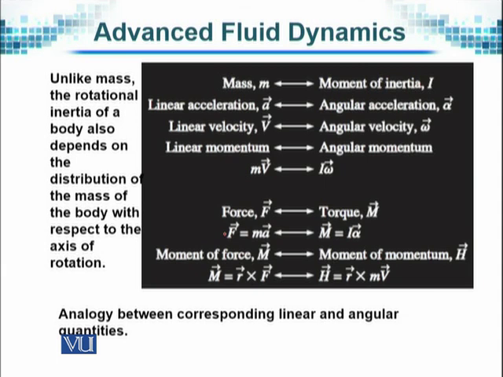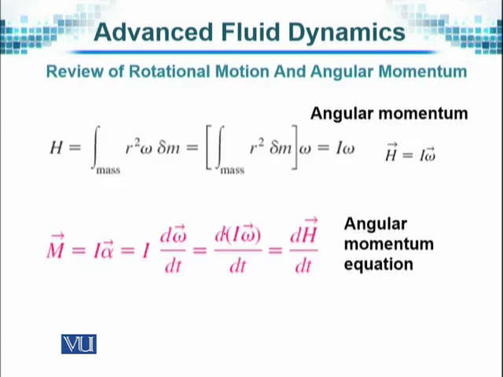Unlike mass, the rotational inertia of a body also depends on the distribution of the mass of the body with respect to the axis of rotation. So where the mass is distributed, where it is lying, will affect the total inertia of the body or the fluid motion.